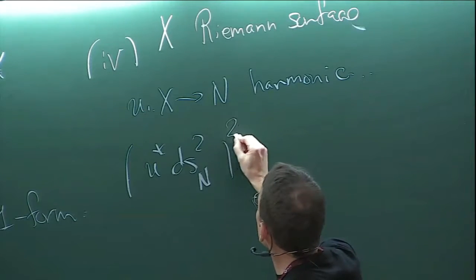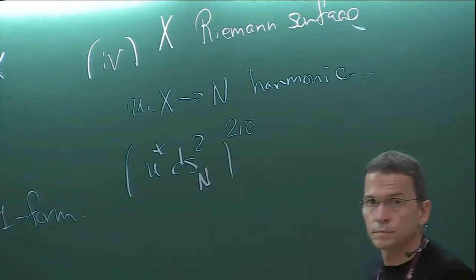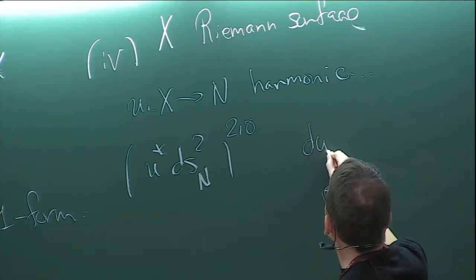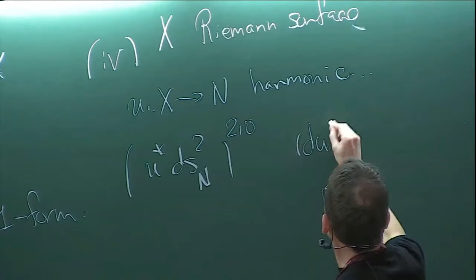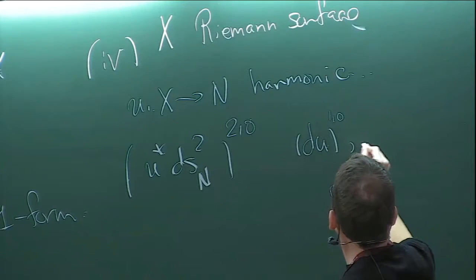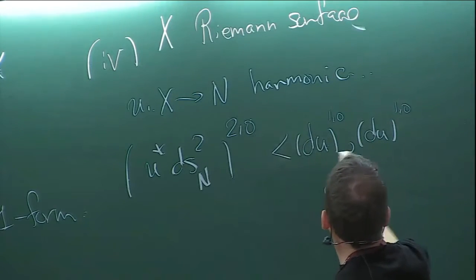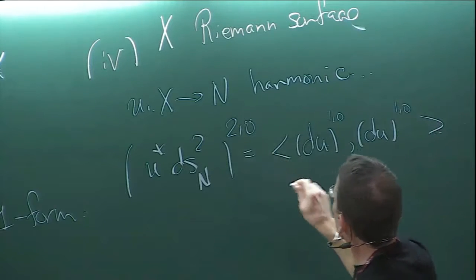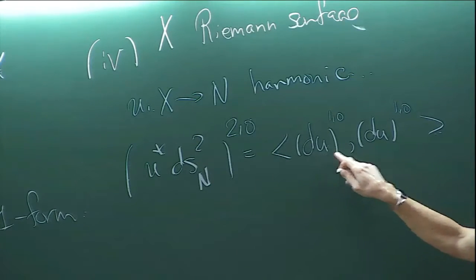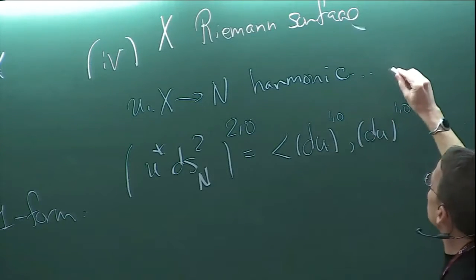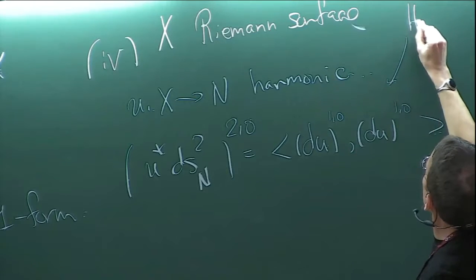So I can take its 2-0 part. More concretely, I can take the 1-0 part of du, because I have a Riemann surface structure, and I can take the inner product. This is a pullback tangent bundle, so I take the inner product with respect to that metric. This is called the Hopf differential. So it's a quadratic differential on the Riemann surface.